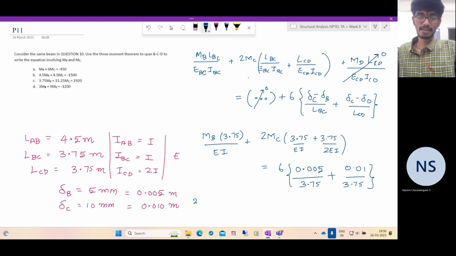So what is the equation that we get? We get 3.75 MB plus, so this one, if you evaluate, it turns out to be, so 3.75 by 2 is 1.8.